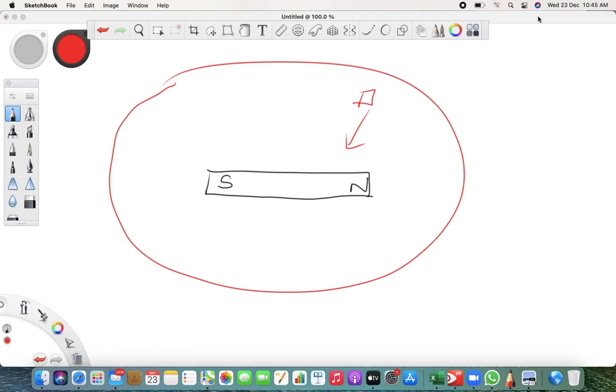It's like your Wi-Fi range, right? Whenever you put your router, until a certain area only you can get the network, and the network keeps on losing as you go far and far away from it. But if you are under the range of that router, you will get the Wi-Fi. Same thing happens in a bar magnet.